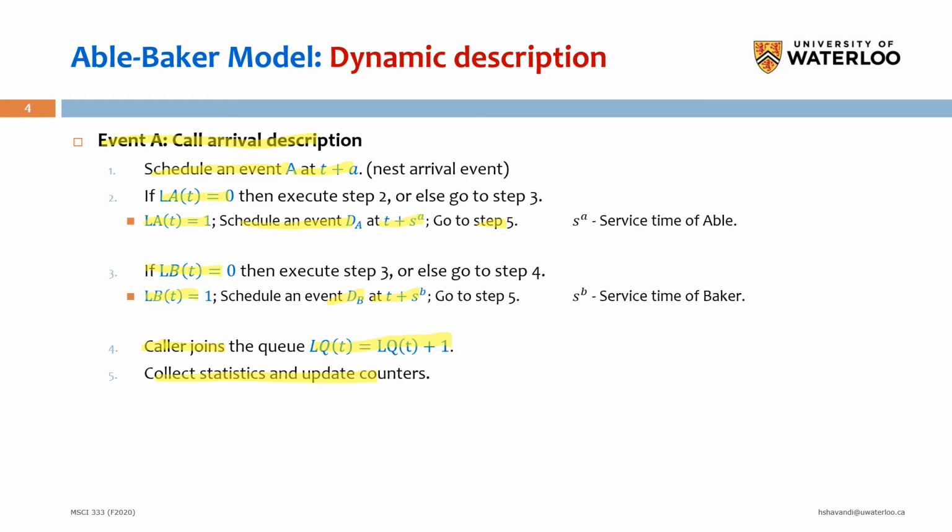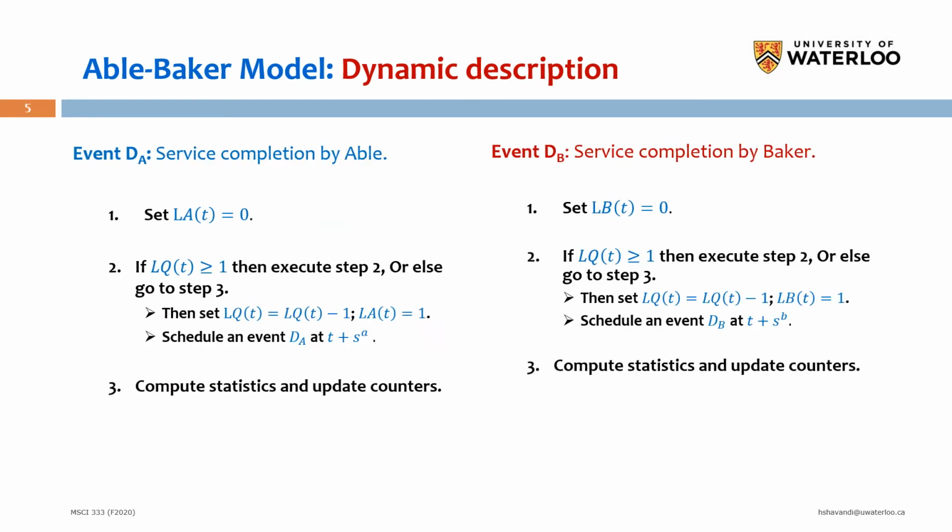Okay. So here we have the flowchart for the influence of a departure event on the system. I'll explain one here as an example, let's say for Able. When we have a departure from Able, at first we set its status to idle. Okay, and then we check the status of the queue. If LQ(t) is greater than or equal to 1, this means there's at least one customer waiting in line.